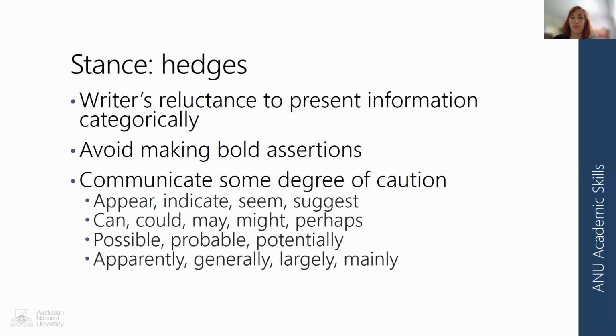So sometimes you need to avoid making bold assertions within your chapters, certainly within your conclusion to your whole thesis. I can see this really being used a lot in terms of your ideas for future research, your ideas for the implications of your research. That's something you certainly can't be certain about, but that you can present as an assertion, but with some hedging.